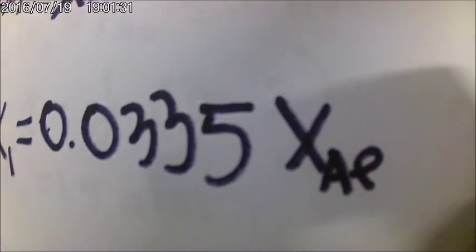Since we have already XAE, which is 0.7, k1 equals 0.0335 times 0.7. Remember this one, where the percent is 30, and you convert it into XA, the conversion of our cis: 100 minus 30 over 100 is 0.7.